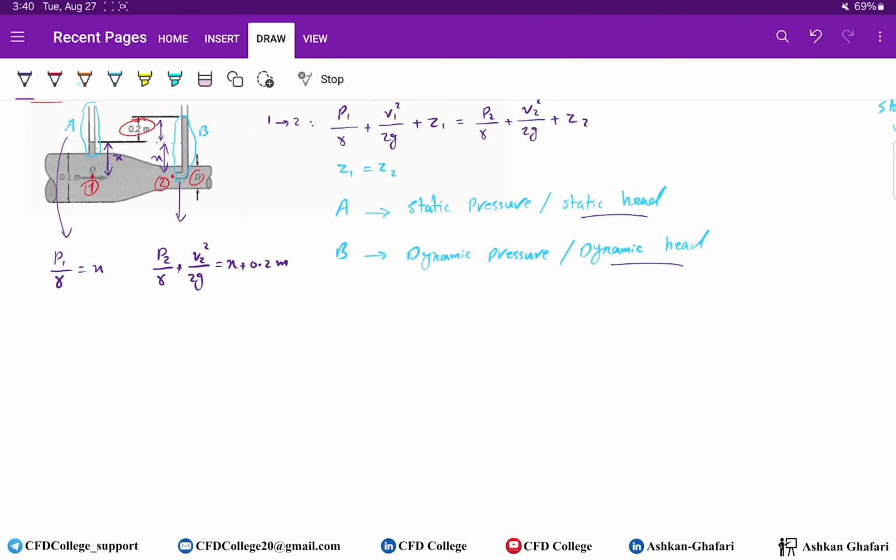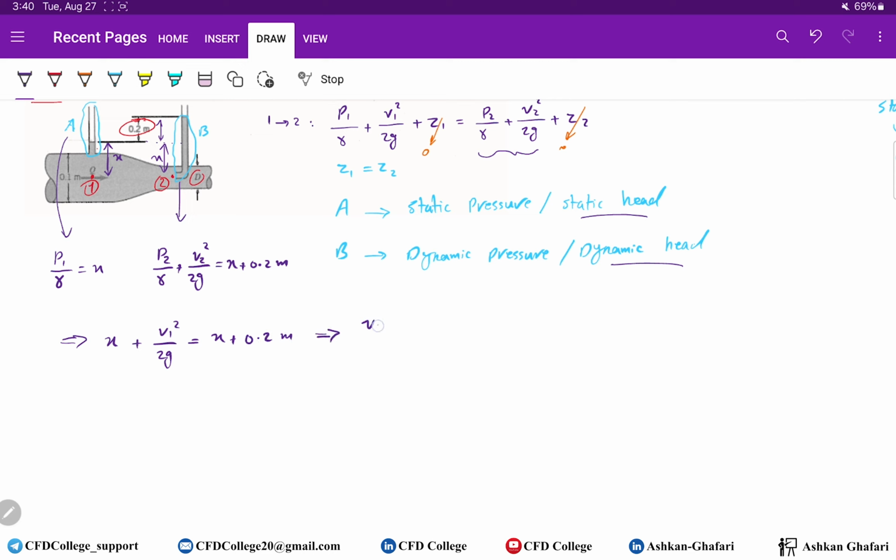Okay, now we can solve the problem. This term is 0, as well as this term, and we know the value. So instead of P1 over gamma, I can write down X plus v1 square over 2g equals X plus 0.2 meters.